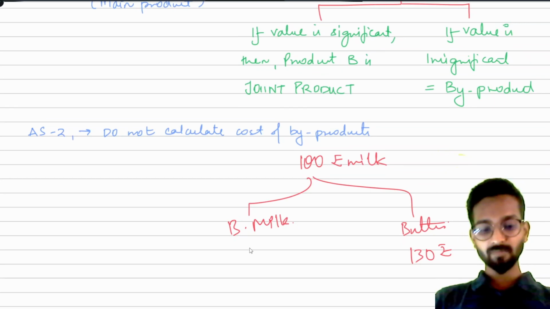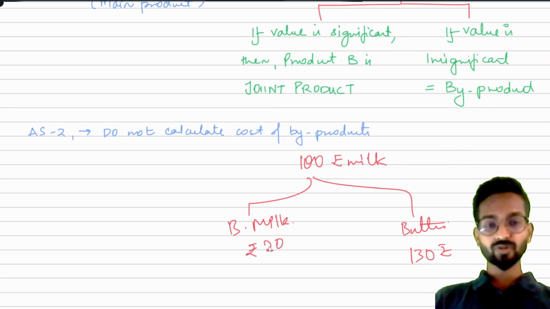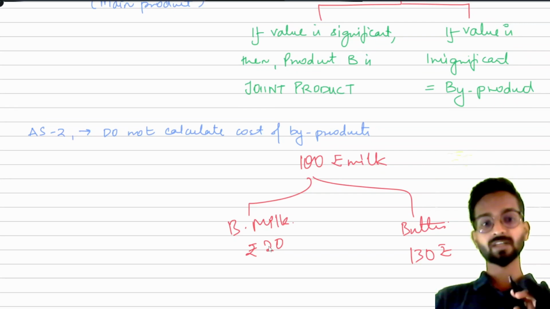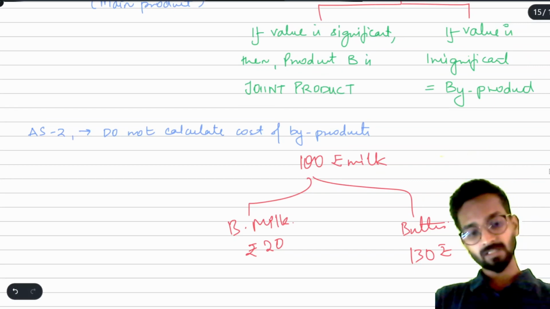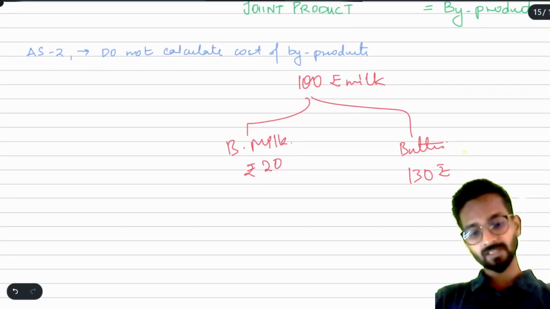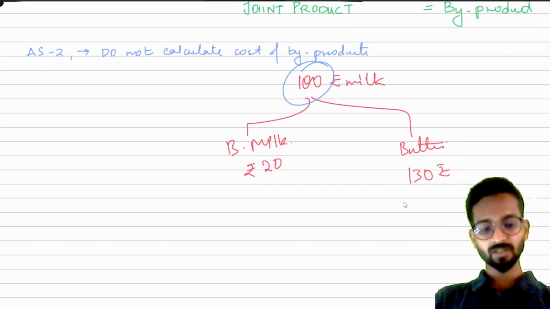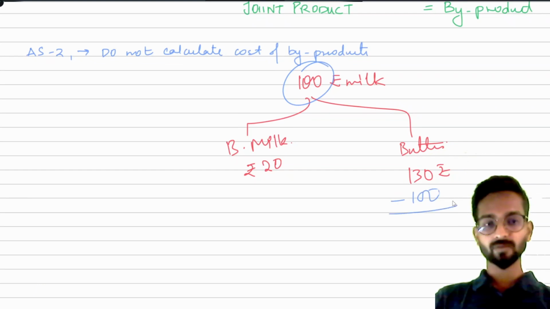Now that buttermilk I am able to sell at say 20 rupees. Now how should I bifurcate? They are saying no need to bifurcate, you are not supposed to bifurcate the cost of milk. They say directly write that this entire 100 rupees we spent was for butter only, so you will remove 100 rupees from this, and you will get 30 rupees profit from butter.